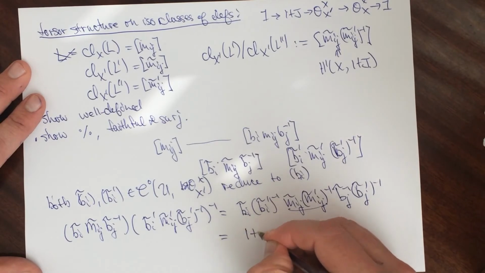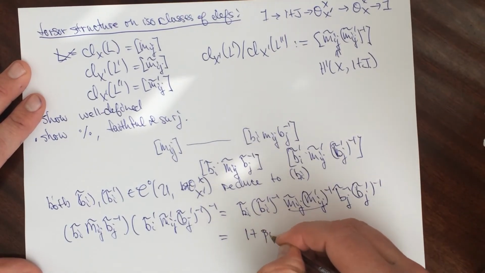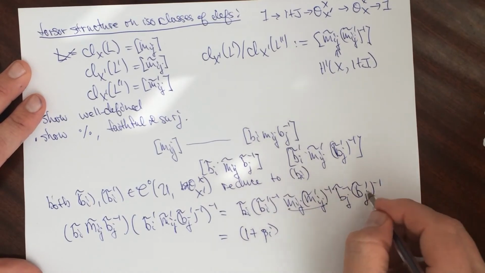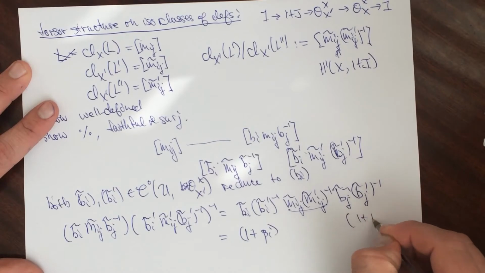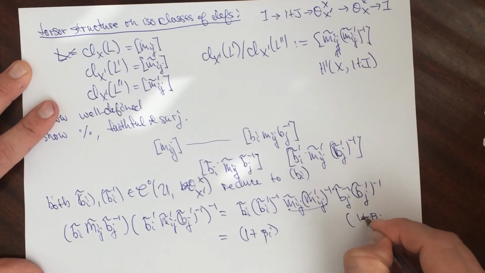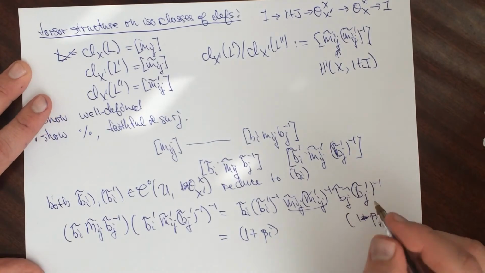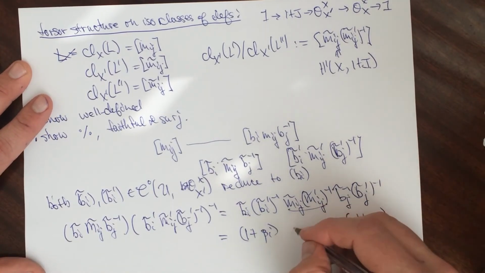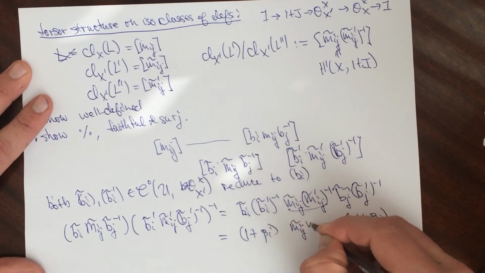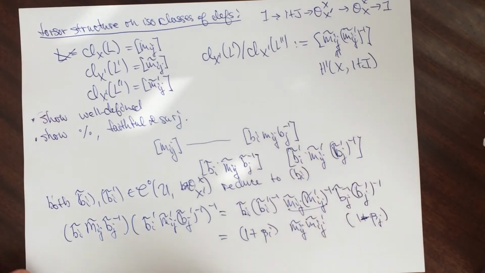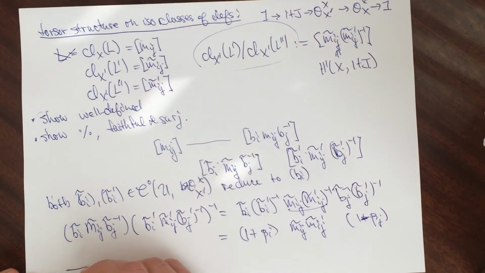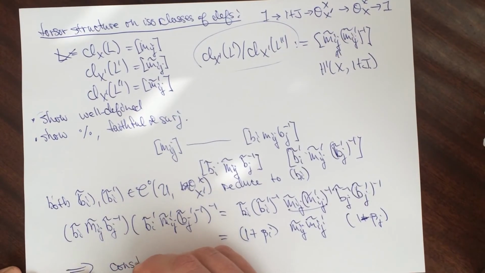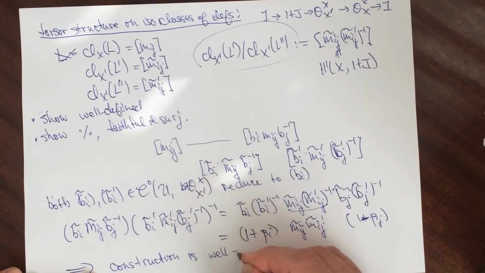So this thing is going to have the form 1 plus beta i, and these two both reduce to the same thing mod J. So it's going to be 1 plus beta j, or 1 minus beta j, because it's 1 plus beta j inverse. And then here's what we had before, this is Mij tilde prime. So this implies that this construction is well defined.